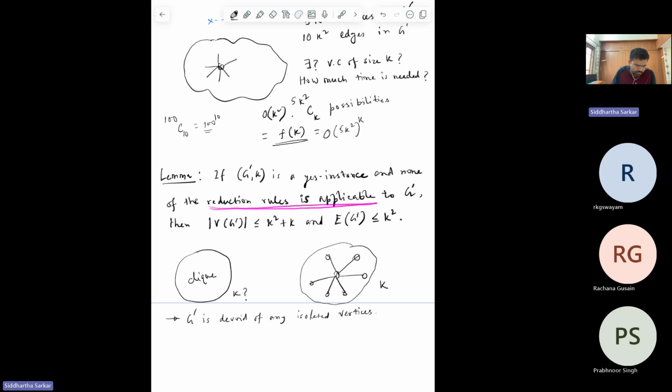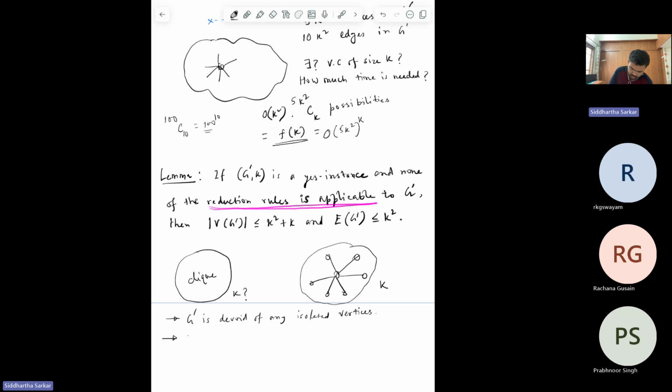And for every vertex cover S of G dash, every vertex of G minus S should be adjacent to some vertex from S. Since we cannot apply reduction 3, every vertex of G has degree at most k.